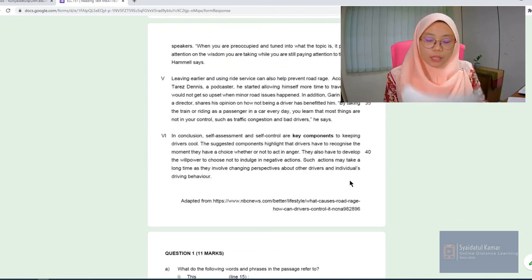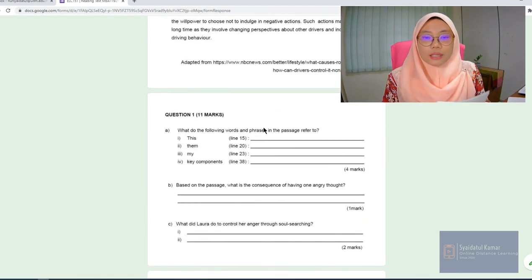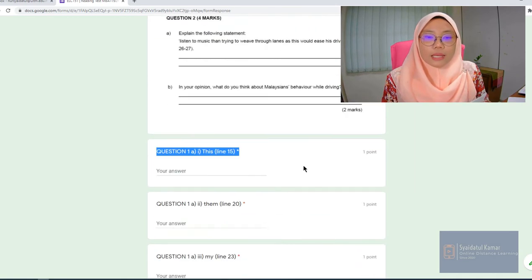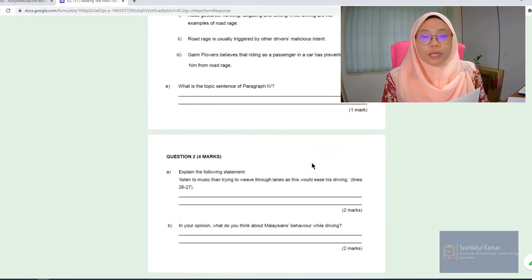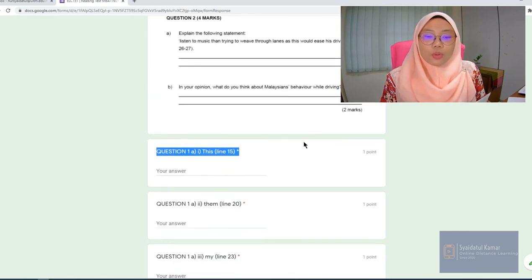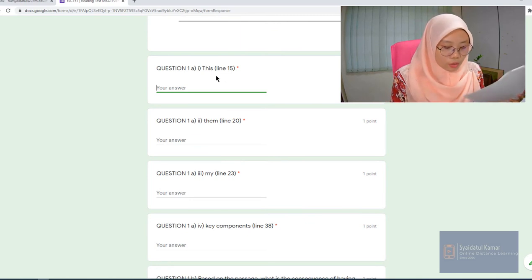As you read the article and as you answer the question, write it first on that piece of paper, and after you have finished writing your answer on the paper, you can go to this part and then write your answer.